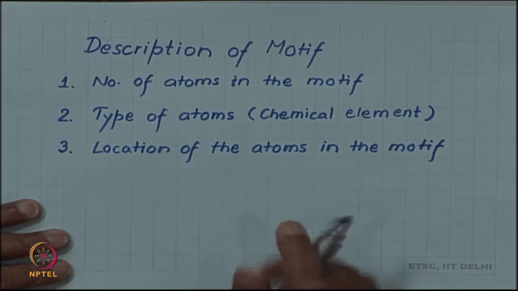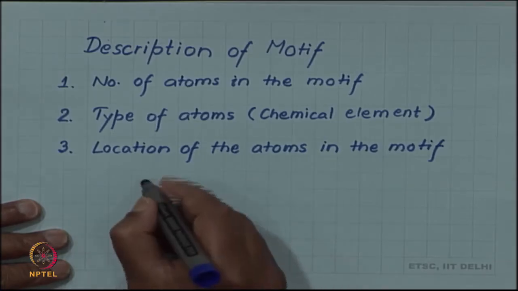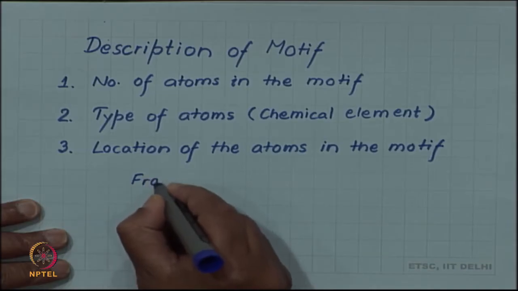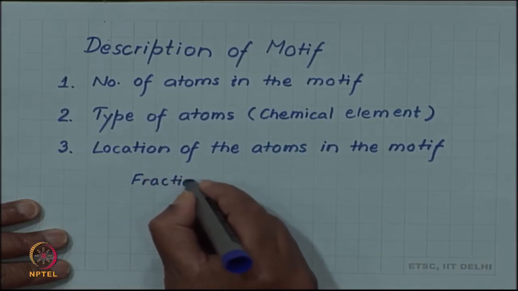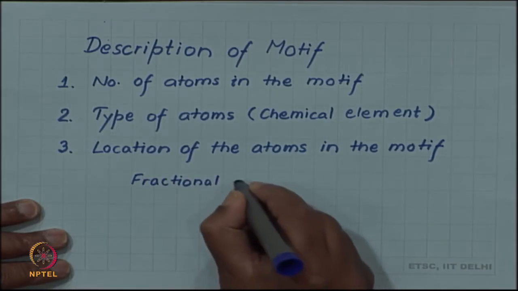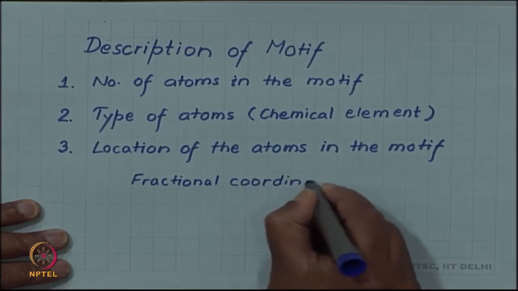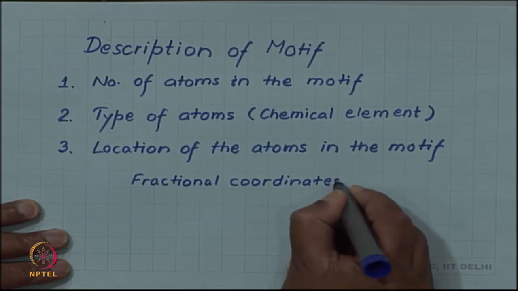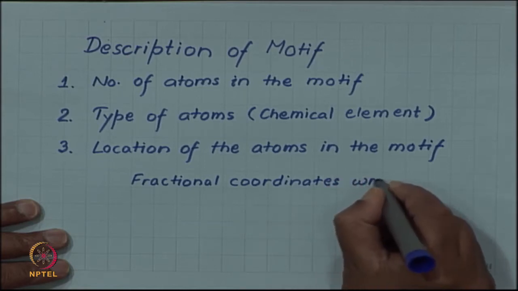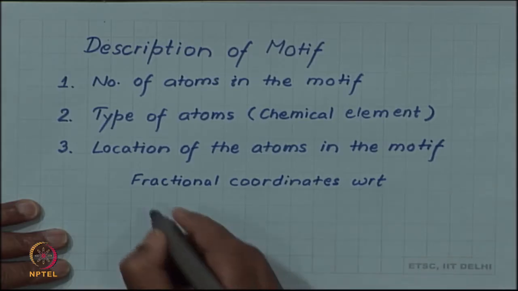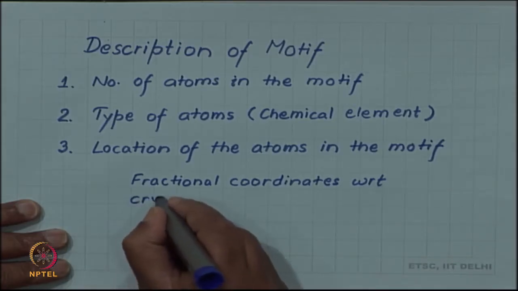So, the location of the atoms is traditionally given as fractional coordinates with respect to the crystal coordinate system.